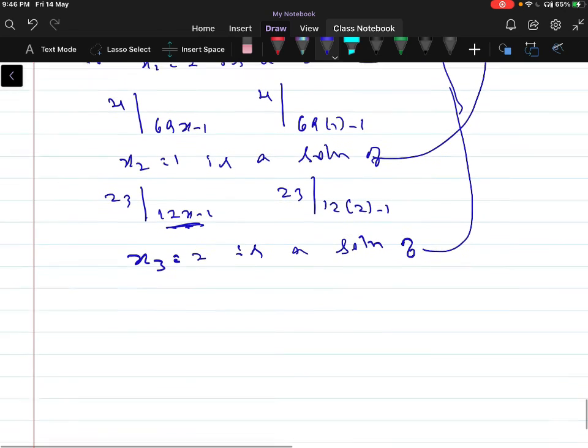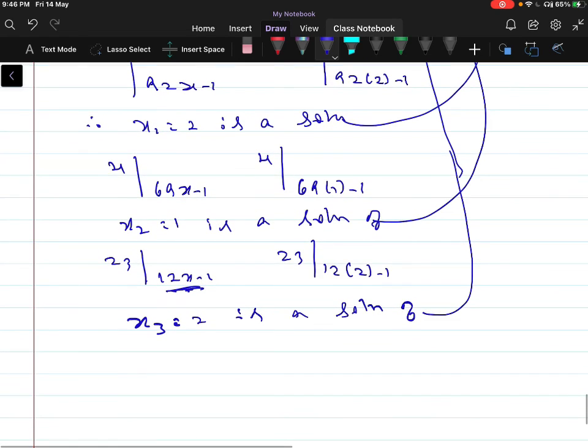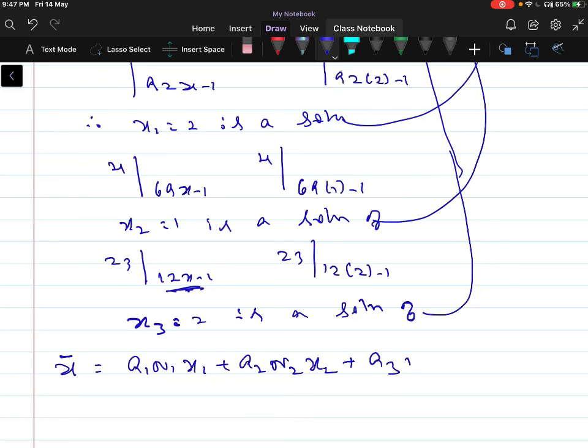So now let us choose x bar equal to a1 into N1 x1 plus a2 into N2 x2 plus a3 into N3 x3.